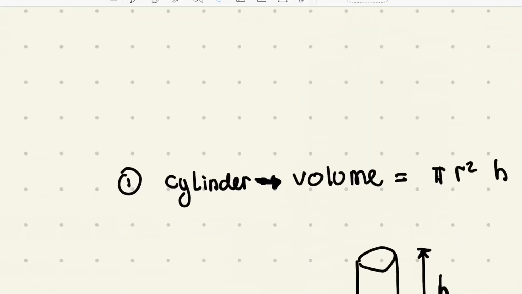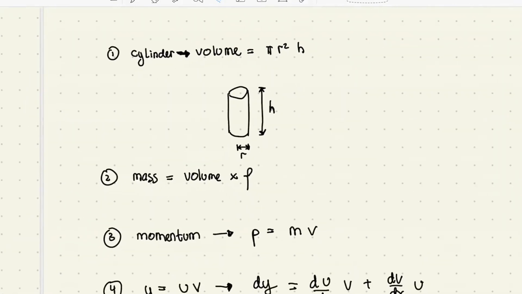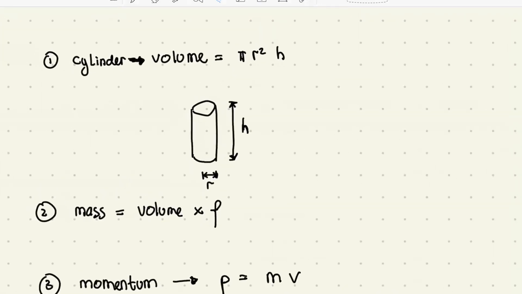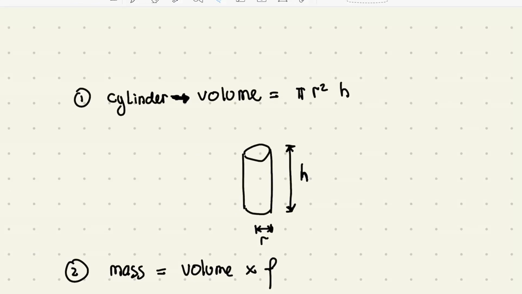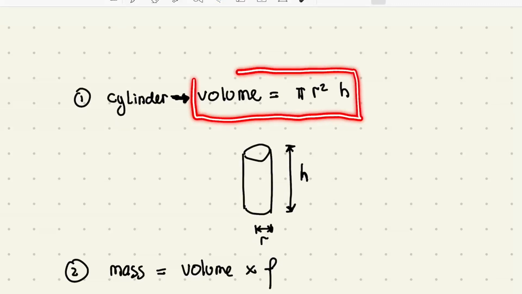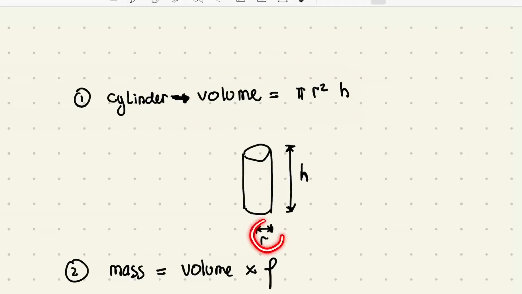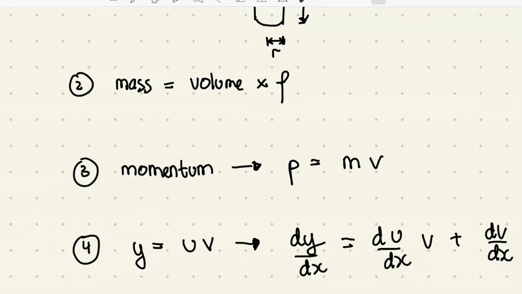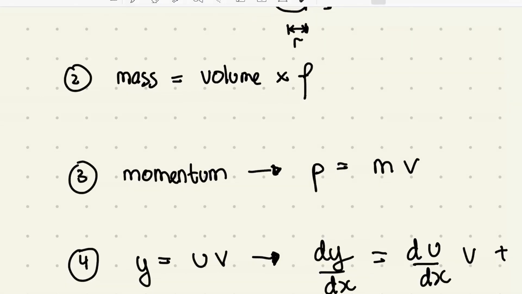Very simple. But before we answer, I need to revise certain formulas that we learned in secondary school. Volume of cylinder, don't forget, volume equals πr²h. R is the radius, h is the height of the cylinder. Number 2, mass equals volume times density, right?